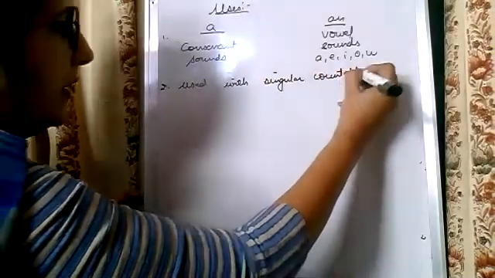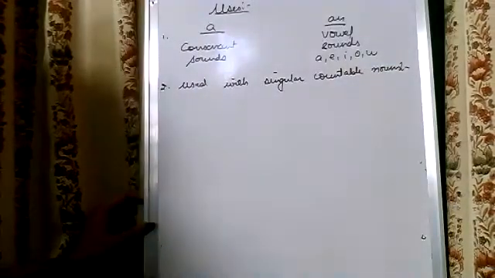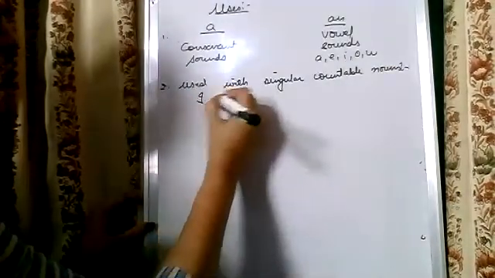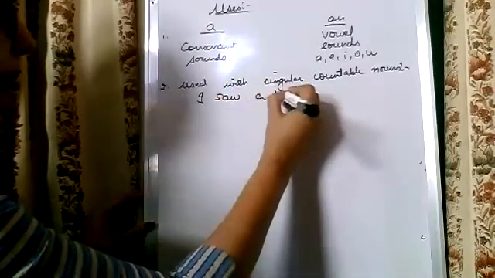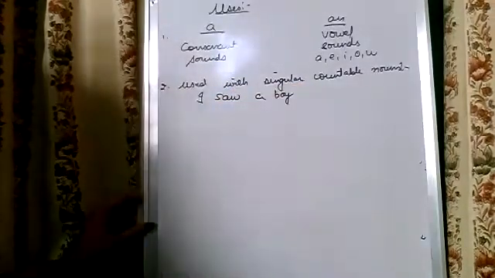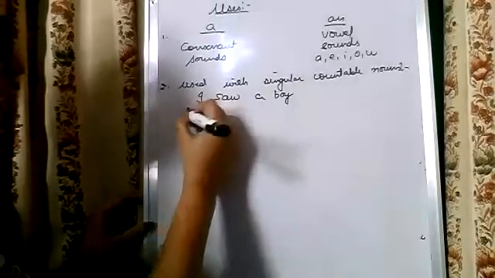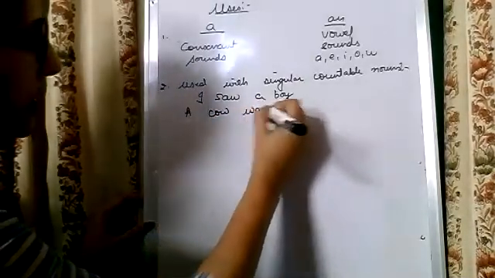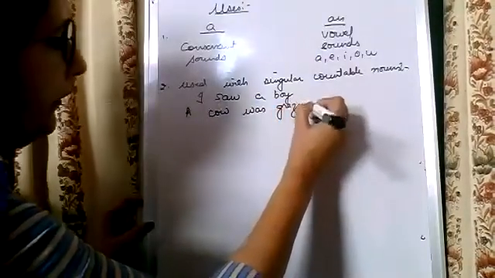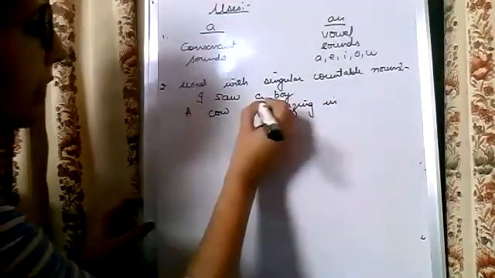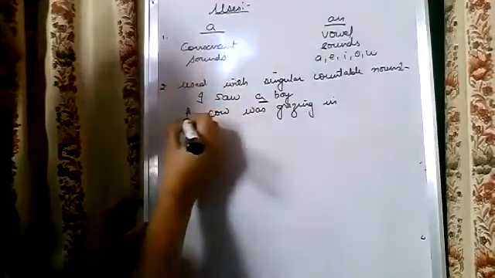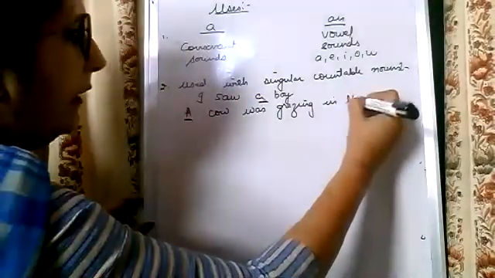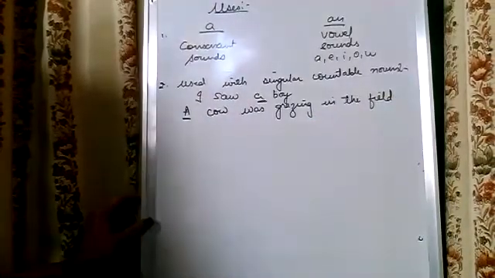For example, I saw a boy. A cow was grazing in the field. Here, I saw a boy means I have seen one boy. A cow means one cow is grazing in the field. So it is also used with singular countable nouns.